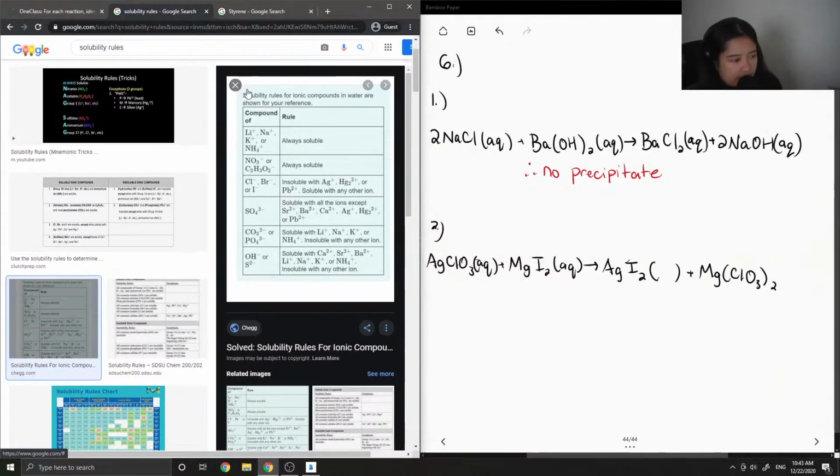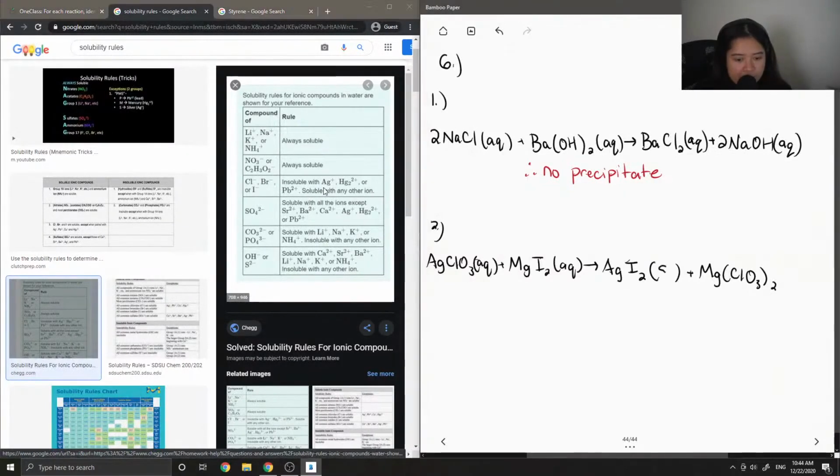In the case of the silver, if we go back to that same rule where compounds containing iodine are soluble, except when they are paired with silver, mercury, or lead, then we can say that this precipitates.